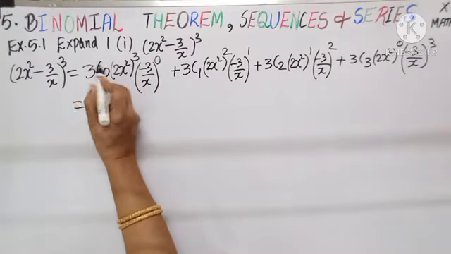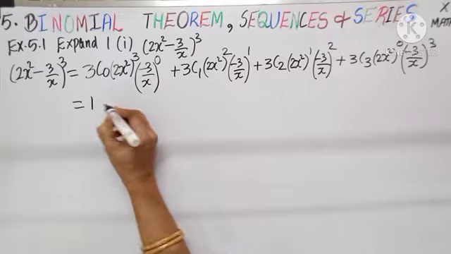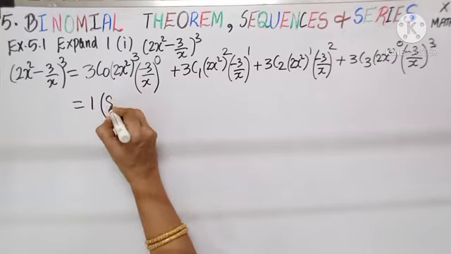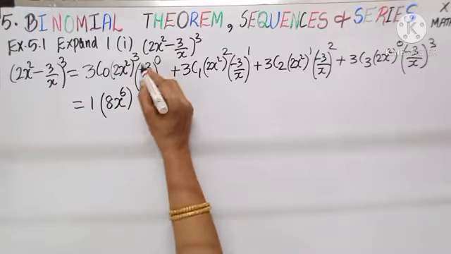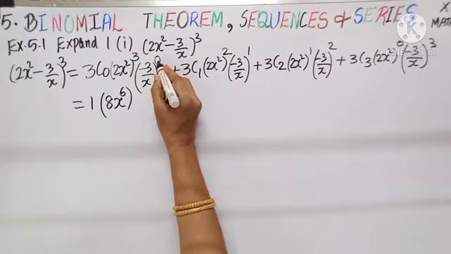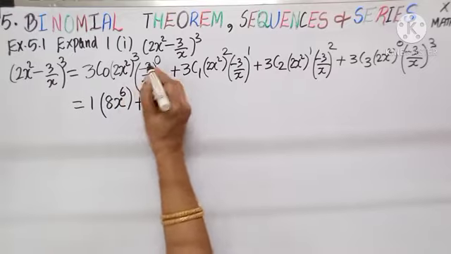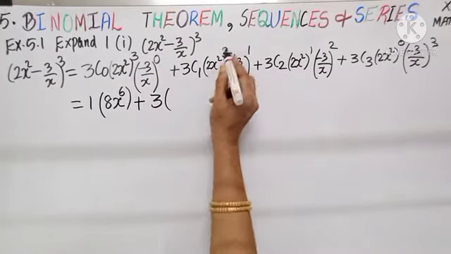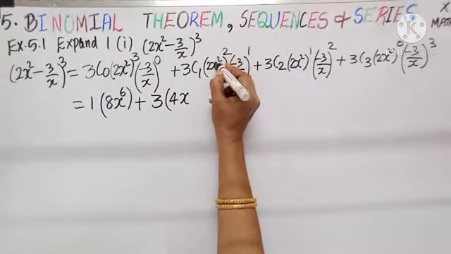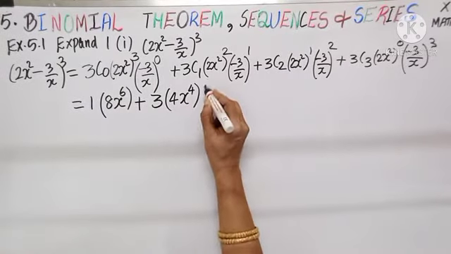Remember the values. 3c0 is 1. 2 power 3 is 8, x power 2 three times is 6. Anything raised to the power 0, we say 1, so ignore that. 3c1 is 3. 2 square is 4, x power 2 twice is 4.